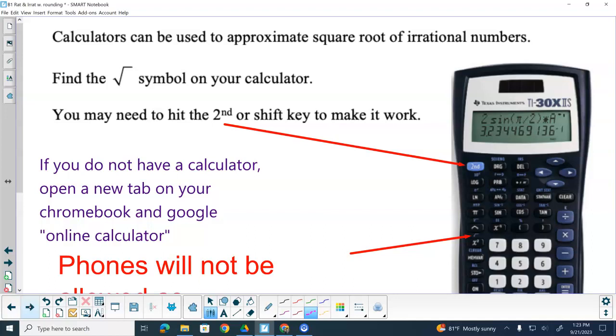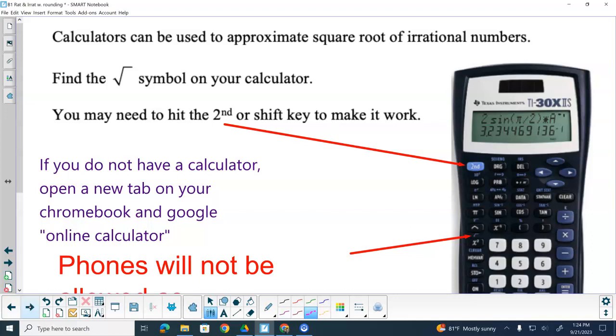We have some, if you need them. Other people have Casios or other TIs. You need to find out where your calculator is and how to use it. If you have questions, come ask me during work time.